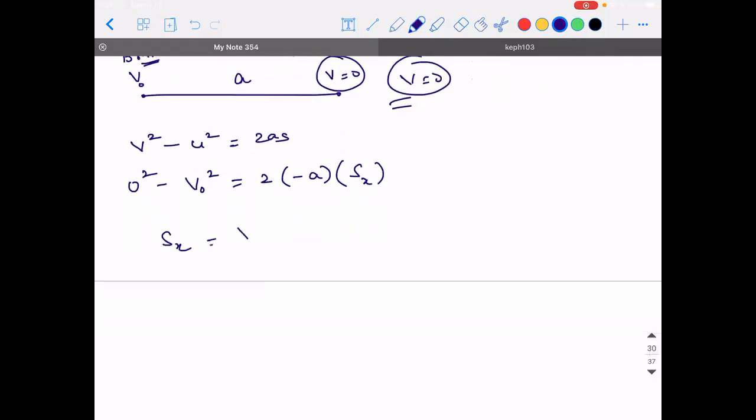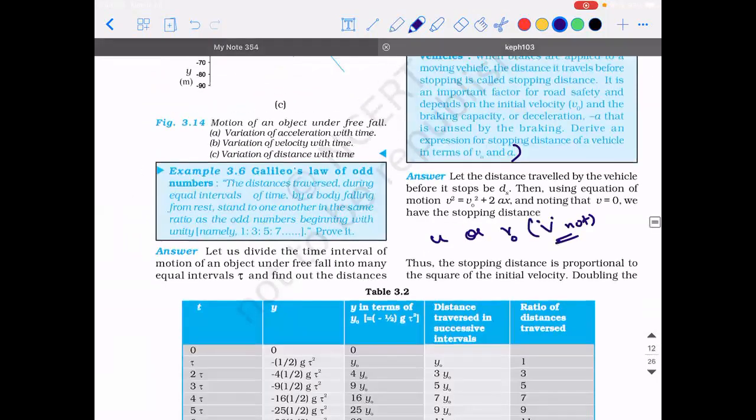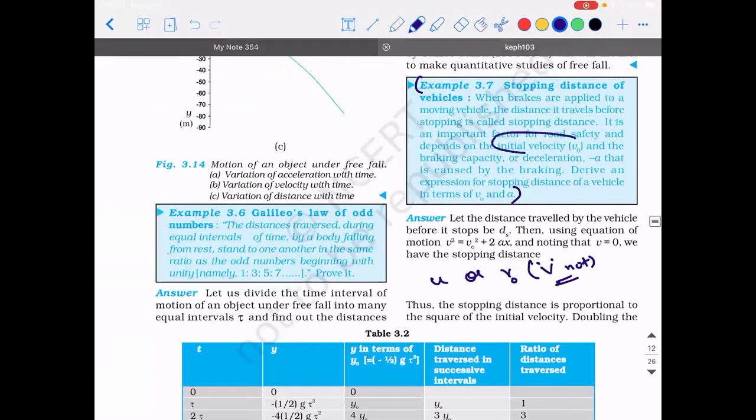So Sx will be equal to V naught square divided by 2A, and this is going to be the required stopping distance. Sir, what is that V naught square? V naught square is the initial velocity square. That's what they've given in the question. It depends on the initial velocity V naught.